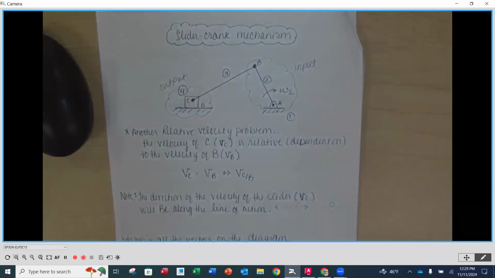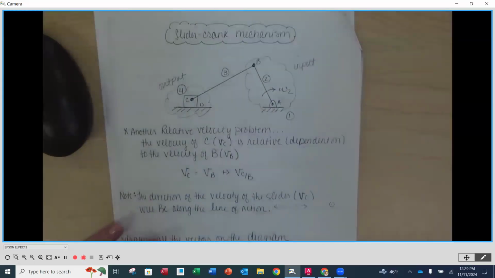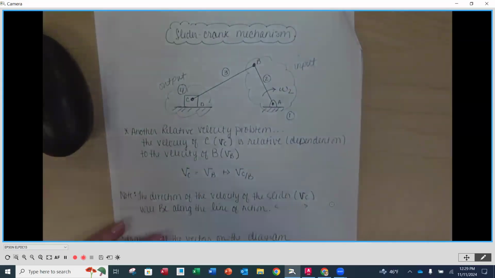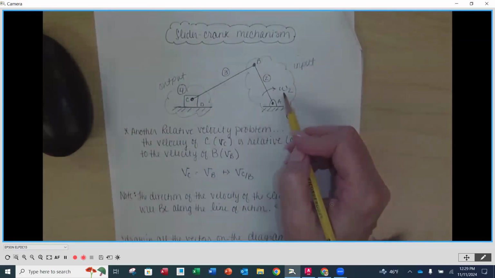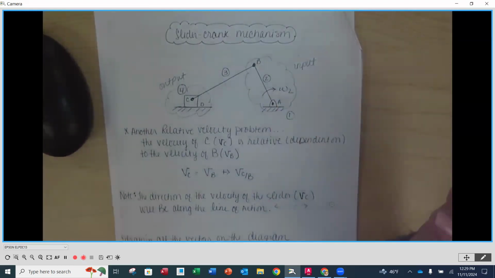Now, as we look at analyzing this, the first thing we want to do is identify the path along which different points are going to be moving. So, for instance, our link number 2 is rotating in a clockwise direction again, and we know that because our angular velocity W2 is identified here going in a clockwise direction. W2 will never be a straight line velocity because it's angular velocity.